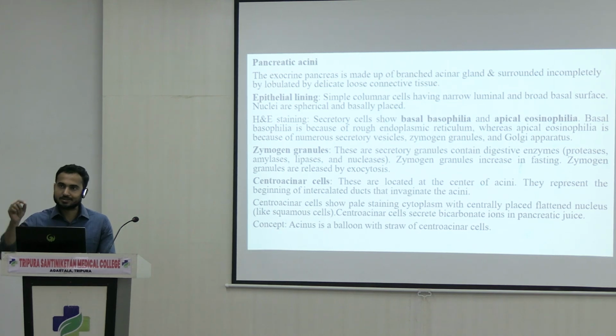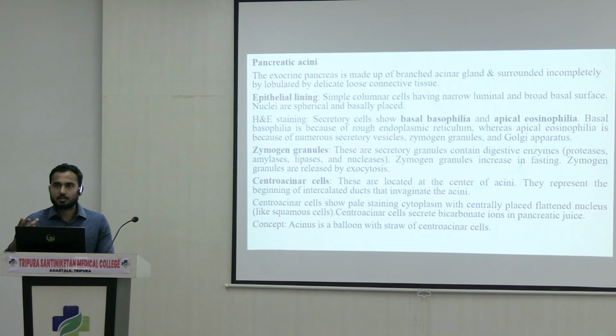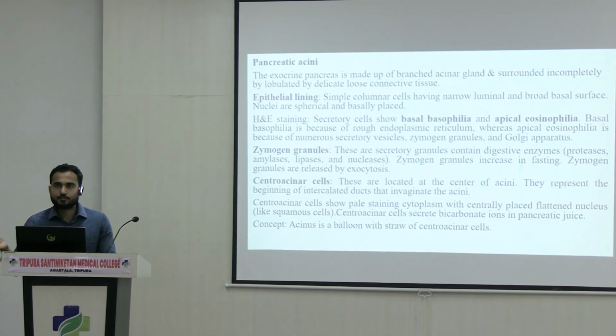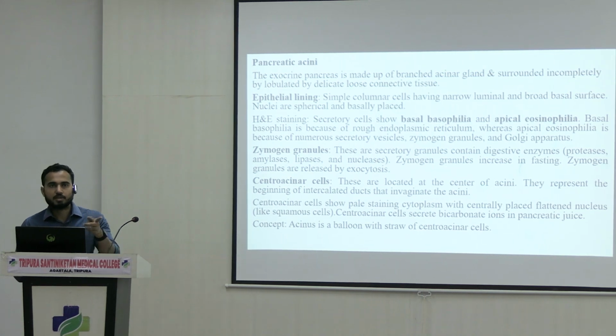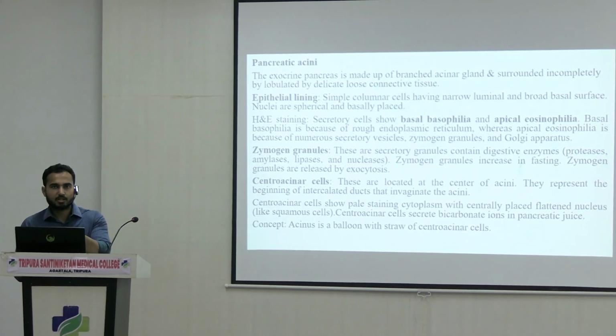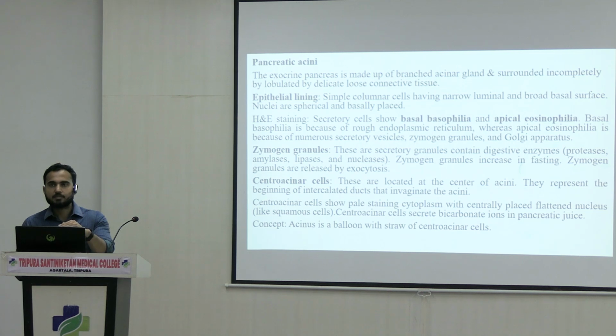That means same stain, but the appearance in the cell is not the same; the apical part and the basal part are different. So you can remember, B is basal, B is basophilia. The basal part will appear basophilic and the apical part will appear eosinophilic.